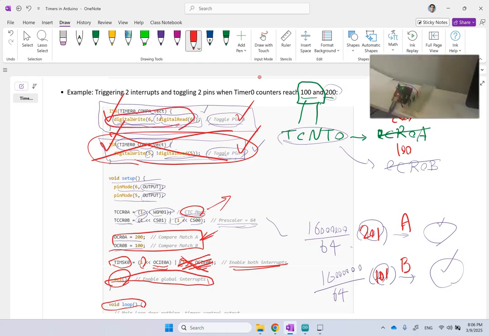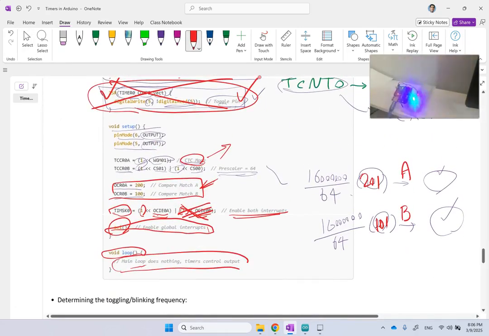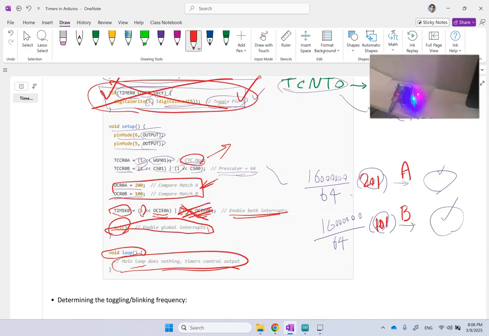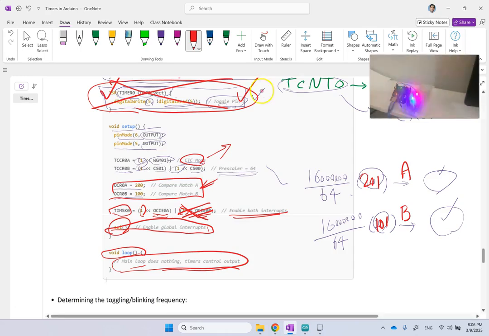So for the interrupts to activate and work, I have no need to put them in the loop. You see, that's the beautiful aspect of interrupts: they keep using the counters and timers and do their job in the background. Whenever they reach some condition, then something happens. You don't even need to put them in the loop and slow down your code.